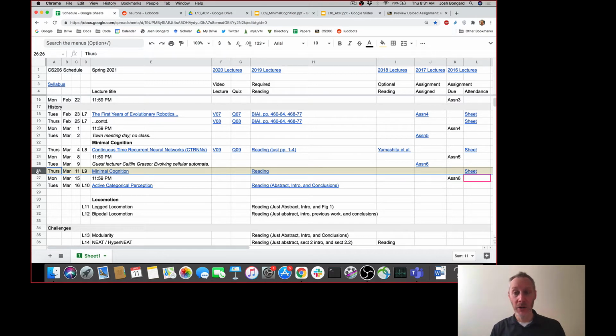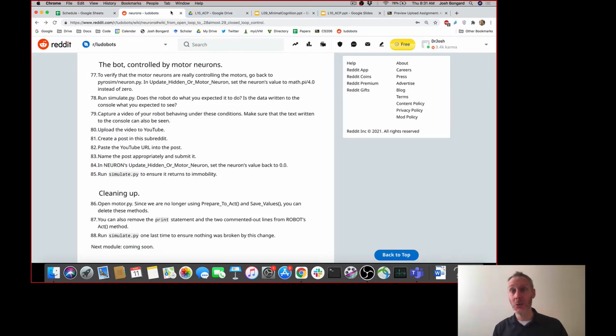Let's see. You're on to assignment 6 now, which is neurons. So we're getting very close to closing the loop that goes from motor neurons to motors to joints. Joints apply forces to links.